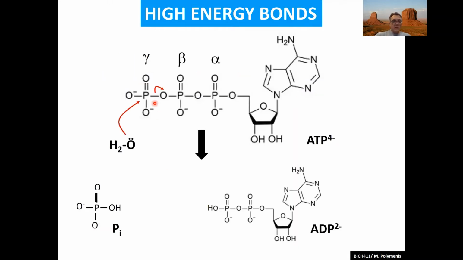Right? And for example, you see here, they have one negative charge here, and here. So the moment you hydrolyze this bond, all of a sudden you have reduced the number of negative charges that are close to each other. And that's one way, not the only way, as we'll see, that you release free energy.